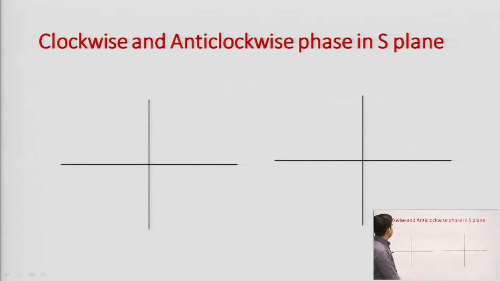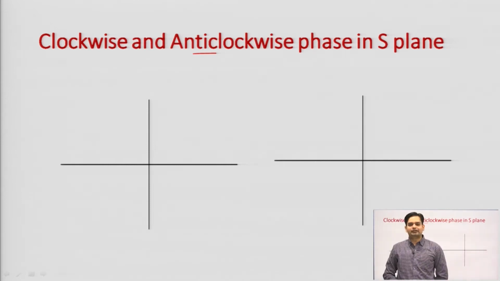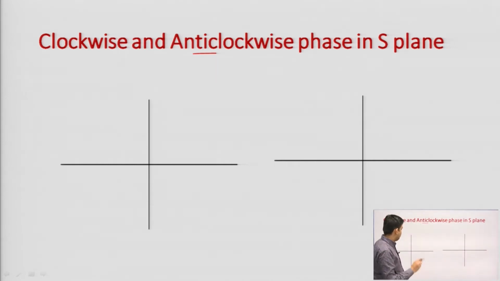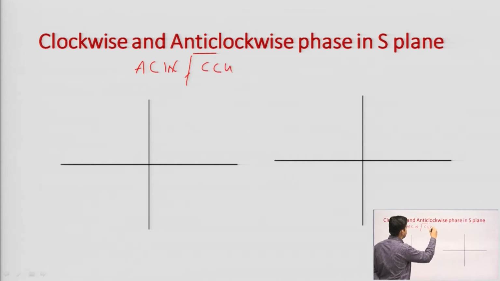So, now we would like to see what the clockwise and anti-clockwise movement would be in the S plane. Whenever I am moving anti-clockwise, I will write ACW. In some textbooks you will find it as CCW, that is counterclockwise. Okay. So, this is my 0 degree, and I will move in the anti-clockwise direction by an angle of 90, and I will get plus 90.